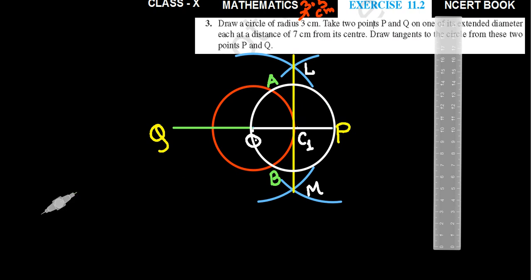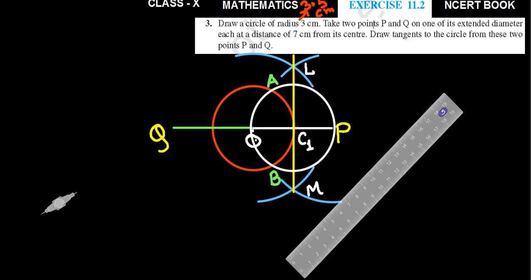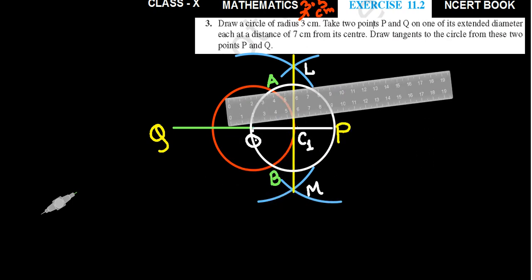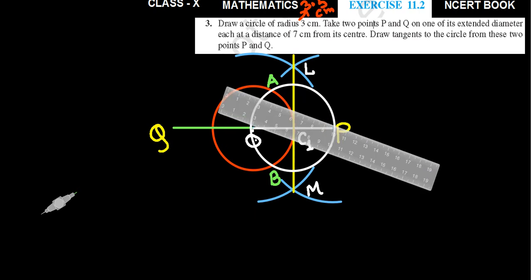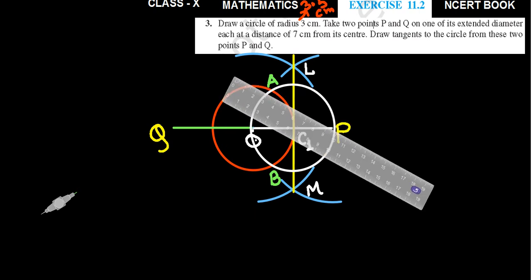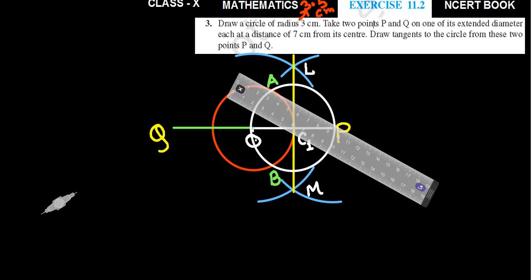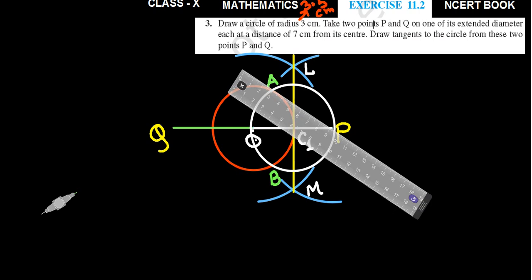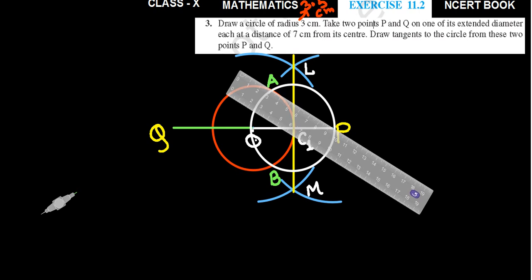Now use a scale, join these points, join AP.